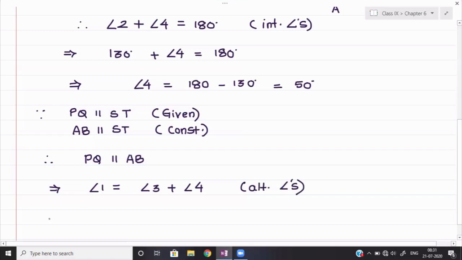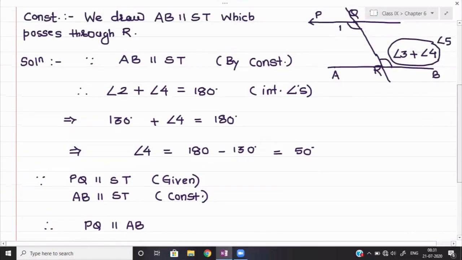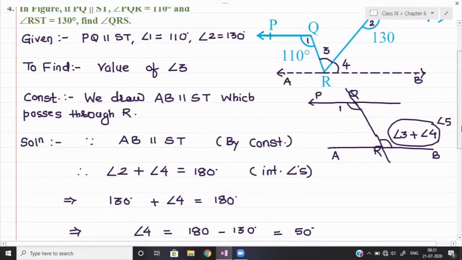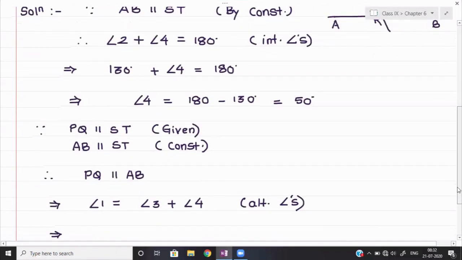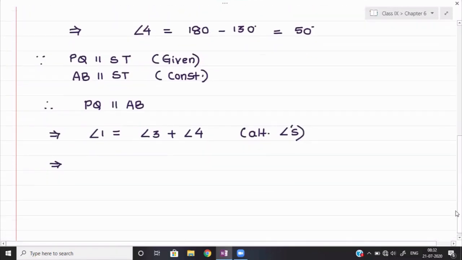Now what values do we have here? Observe, angle 4 we just found, that is 50 degrees. But what is the value of angle 1? Because angle 3 we require. Angle 1 is given in the question as 110 degrees. So let us put in the values. This will be 110 degrees is equal to angle 3 plus angle 4.